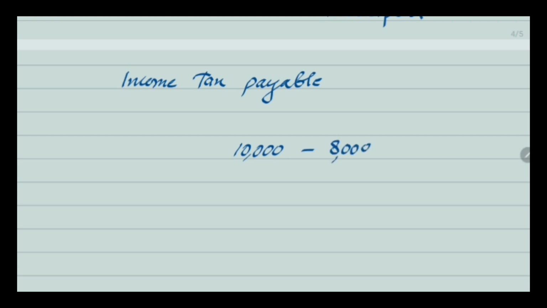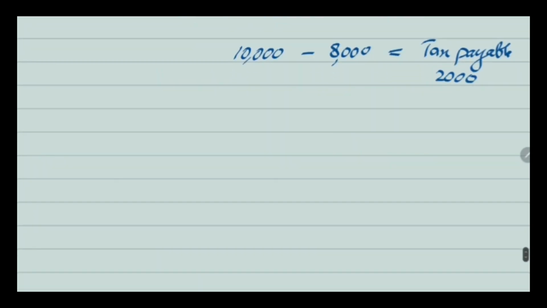So as a result of this, my tax payable amount reduces to 2,000. So when we deduct tax paid from income tax liability, we will get the amount of tax payable.